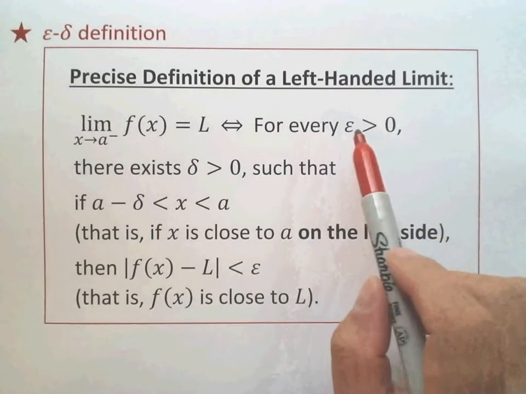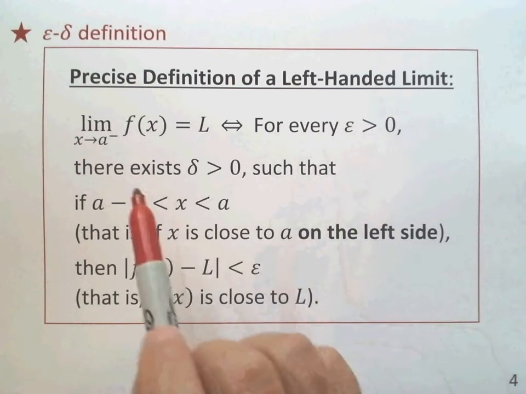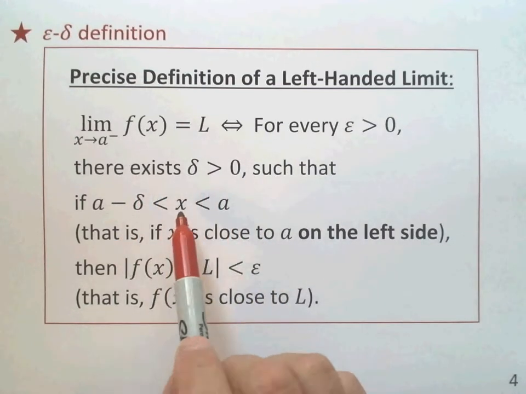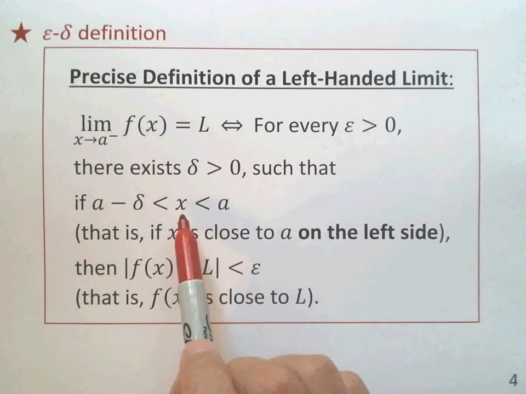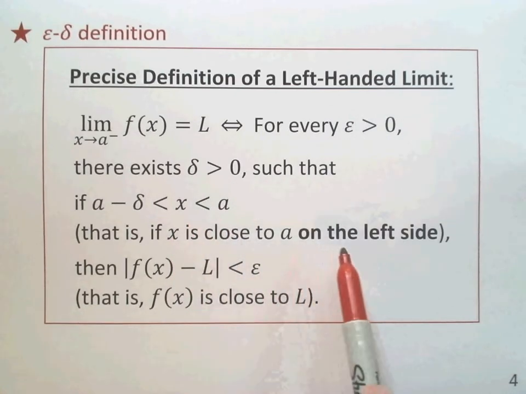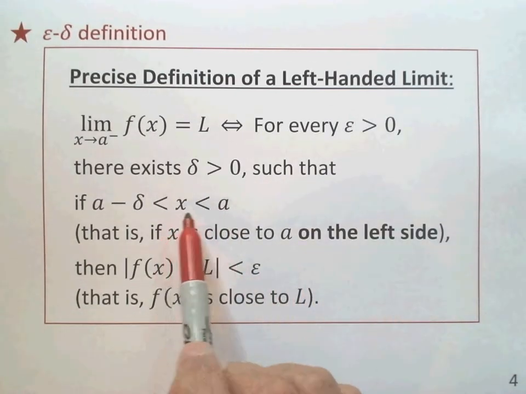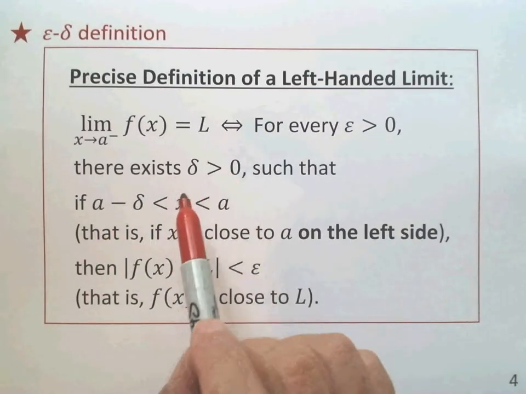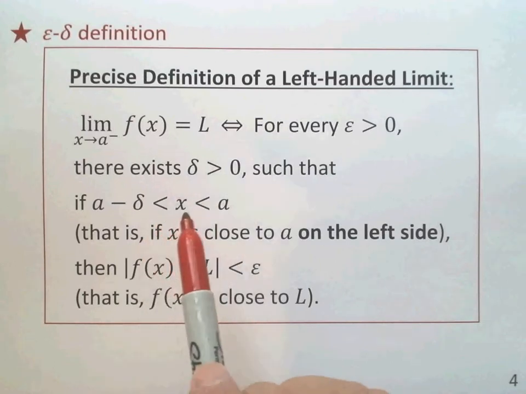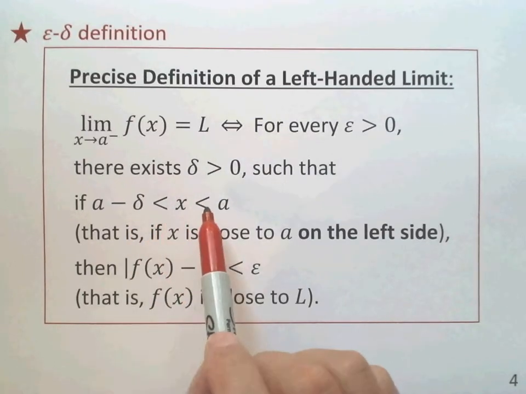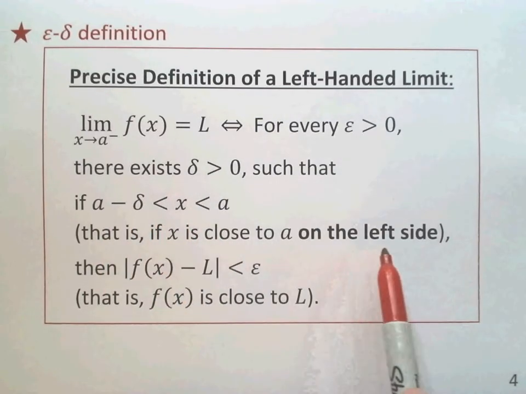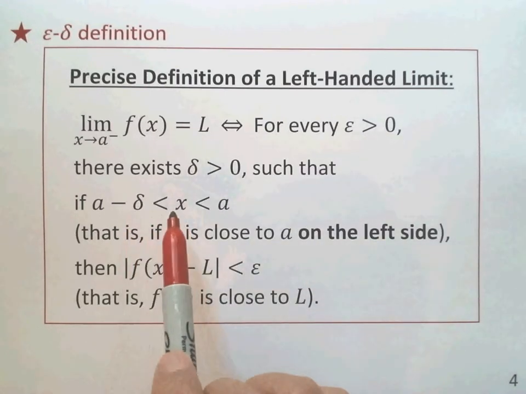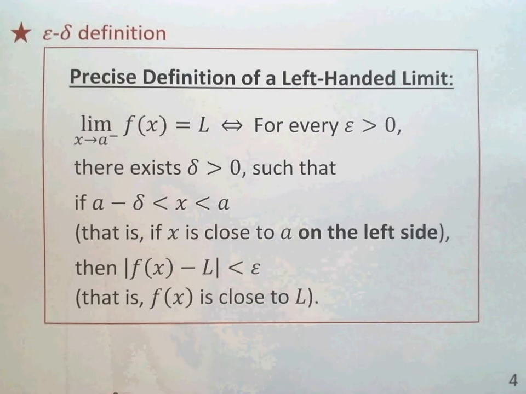For every epsilon greater than 0, there exists a delta greater than 0, such that x is between this, which means x is close to a on the left side. See, x less than a, greater than a minus delta, which means x is in the delta neighborhood of a, but on the left side, right? Still, x is going to the delta neighborhood of a on the left side.